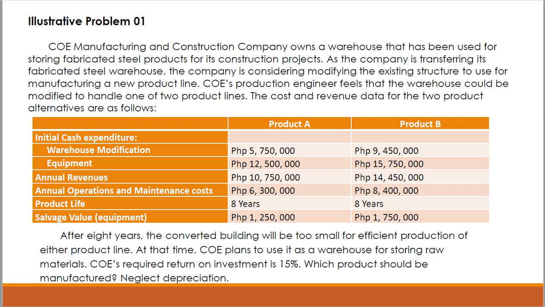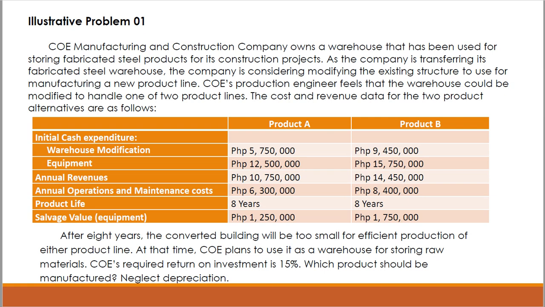As the company is transferring its fabricated steel warehouse, the company is considering modifying the existing structure to use for manufacturing a new product line. So COE's production engineer feels that the warehouse could be modified to handle one of two product lines. So there are two proposals now. The cost and revenue data for the product alternatives are as follows.